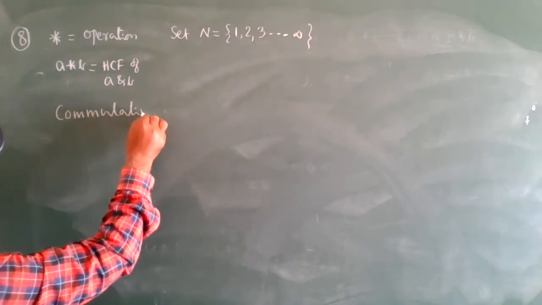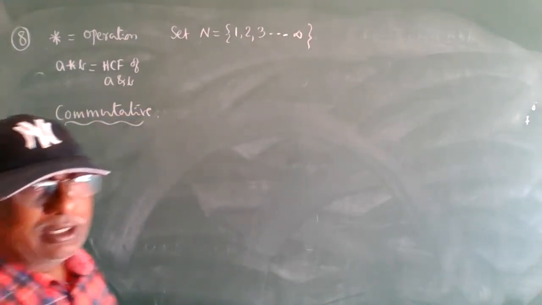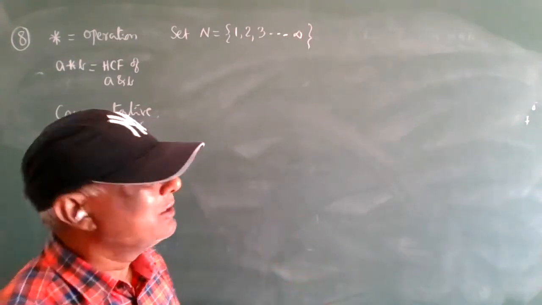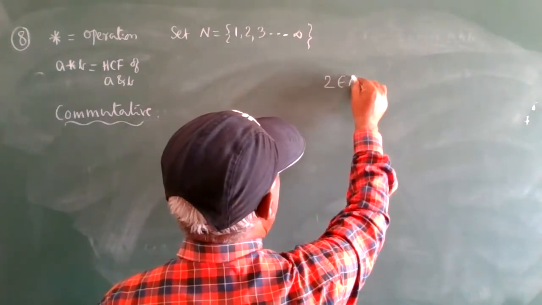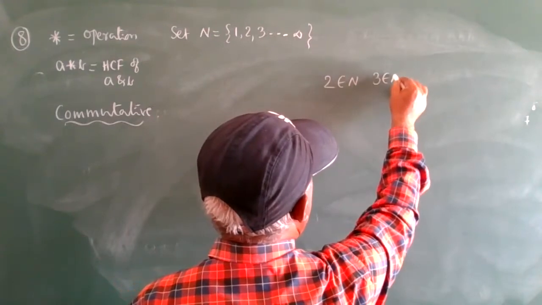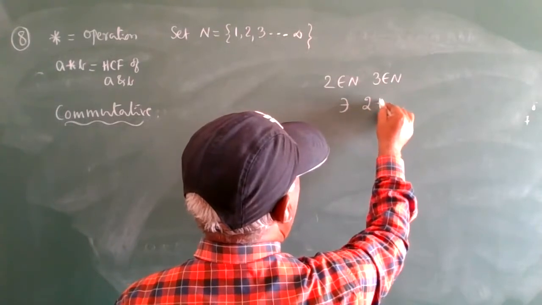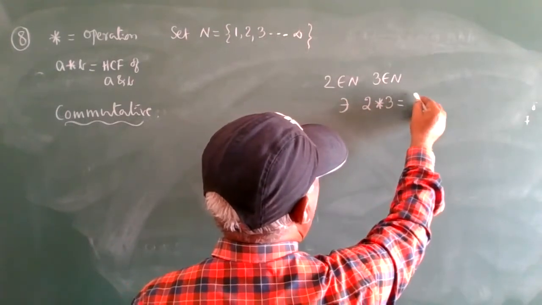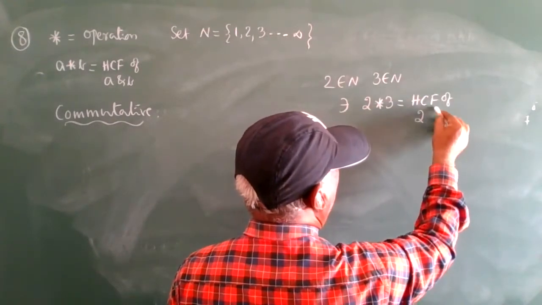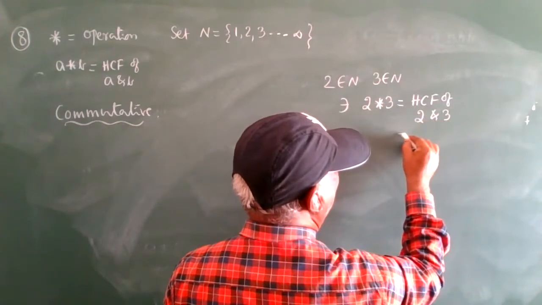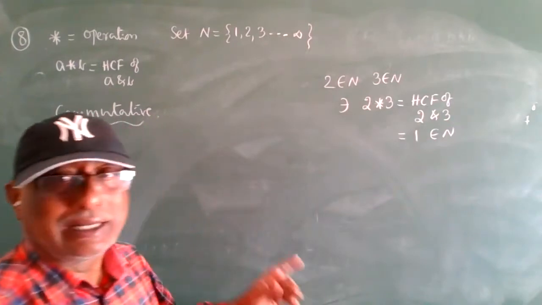Commutative means, everyone observe, I will take 2 and 3. 2 belongs to N and 3 belongs to N, such that 2 star 3. What is the HCF of 2 and 3? It is 1. 1 also belongs to N, satisfied.